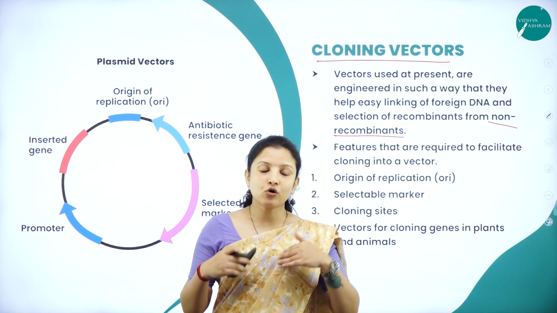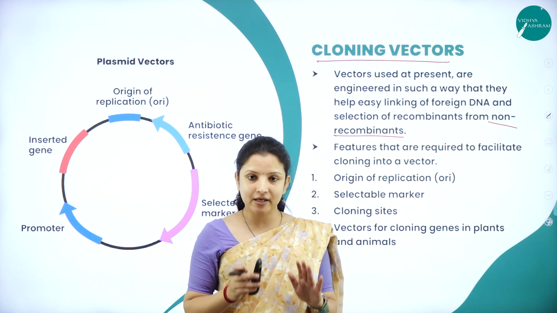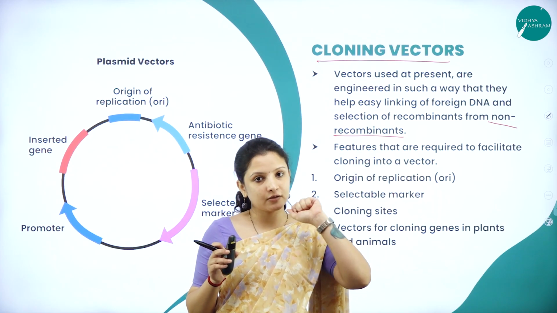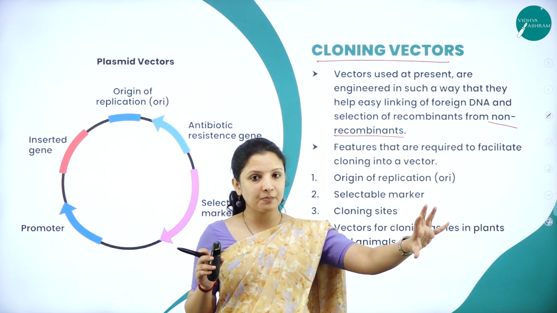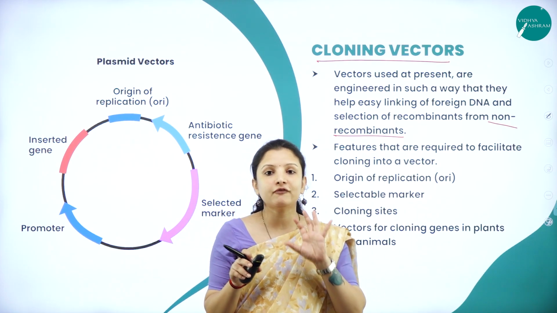Likewise, if we go to another country, we will be foreigners to the people there. Here the DNA is coming from plant A into the vector, so it is called a foreign DNA.